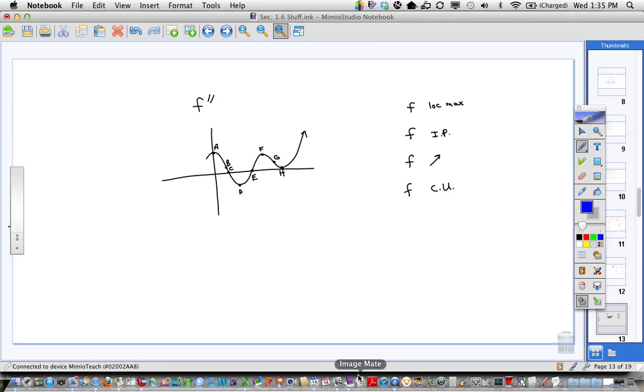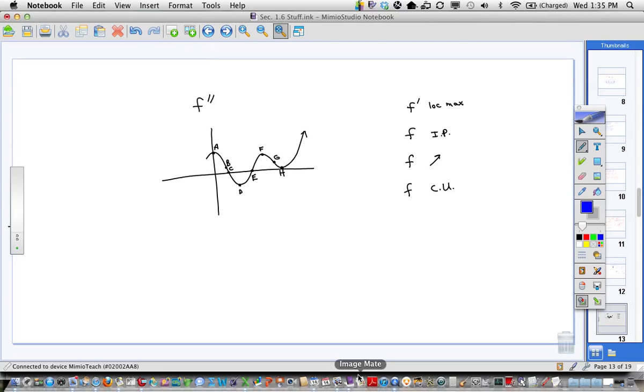Let's make this graph be F double prime. Where does F prime have a local max? Go.